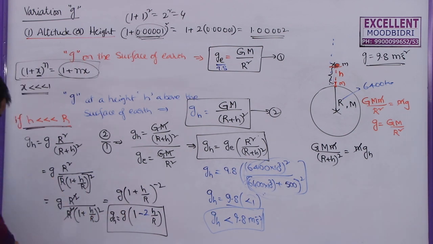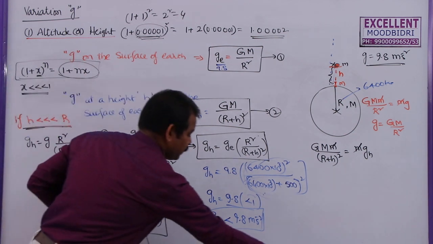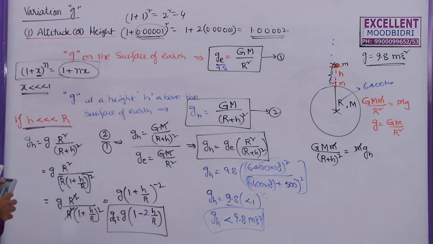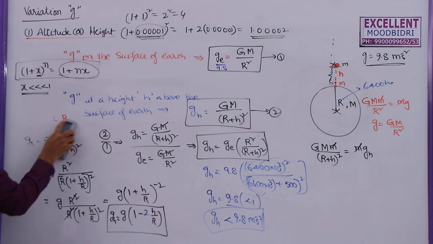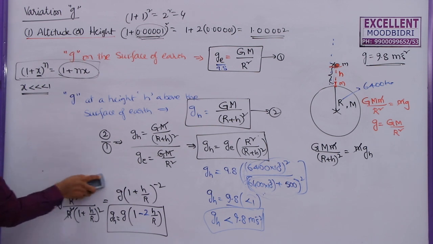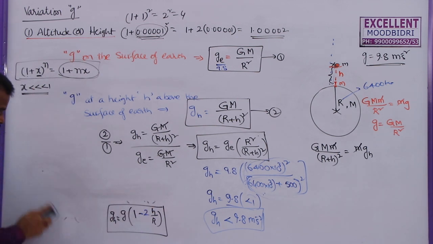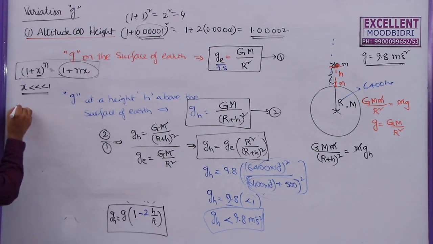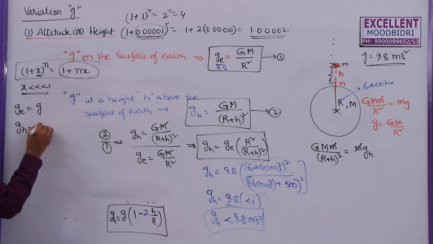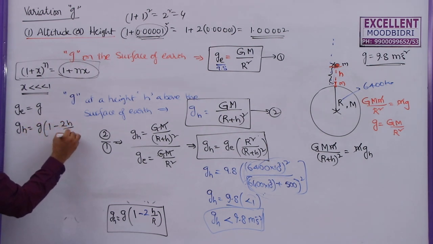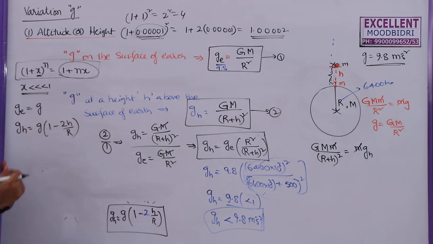So what is the difference between g on the surface of earth and at a height h above the surface of earth? Now I am going to take this. g on the surface of earth is equal to g. g at a height h is equal to g of (1 minus 2h by r). So what is the difference between these two values? Which is bigger here? g_h is small, g_e is big.